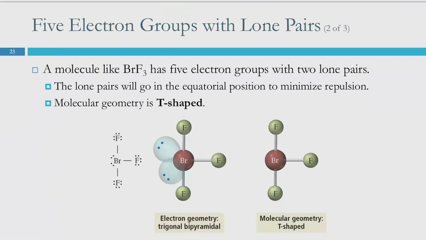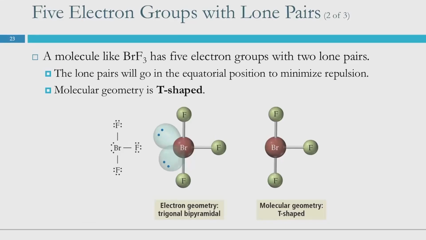We can also have 2 lone pairs. So adding another lone pair, still working in this 5 electron group electron geometry. So we still have our trigonal bipyramidal electron geometry, but 2 of them are lone pairs. And just like with 1 lone pair, we want to put them in the equatorial positions. When they're in the equatorial positions, that minimizes the 90-degree interactions or repulsions.